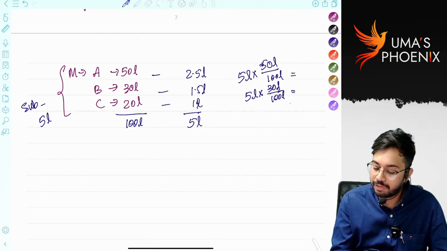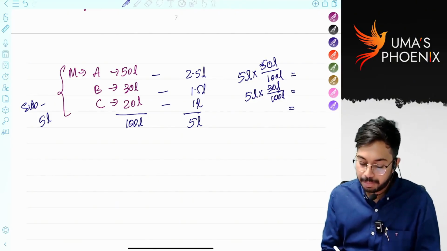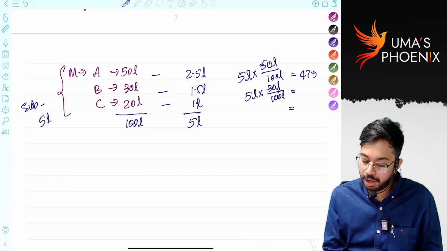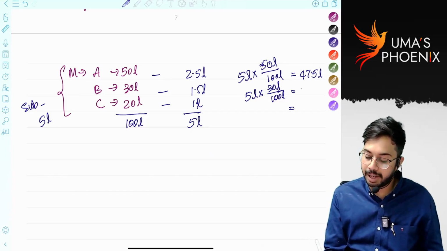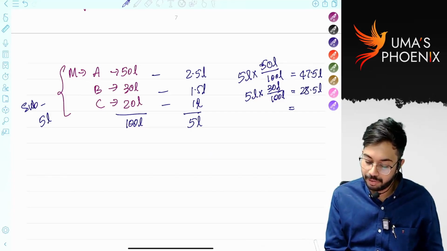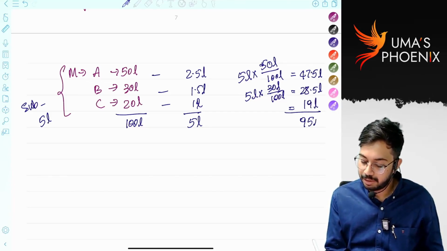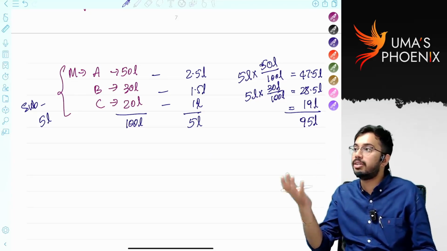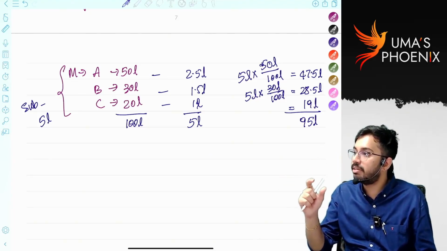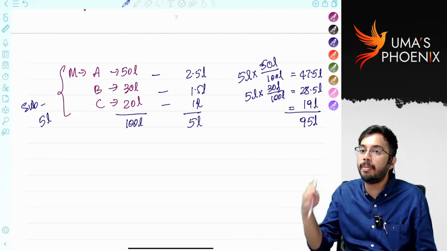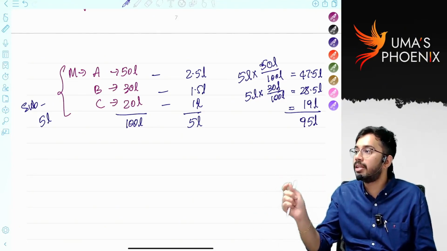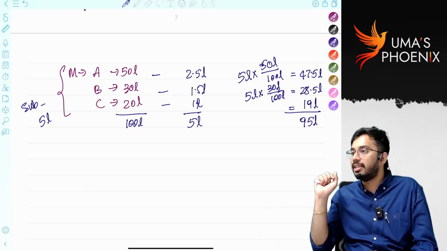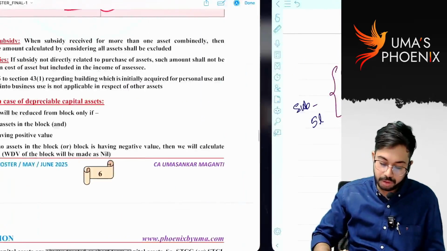So net cost of the asset will be 50 lakh minus 2.5 lakh, 47.5 lakh, 30 lakh minus 1.5 lakh, 28.5 lakh, 19 lakh. It will be 95 lakhs. Is it clear? So if composite subsidy is received for two or more assets together, that composite subsidy is to be apportioned among the assets based on actual cost of the asset. Is it clear? Good.